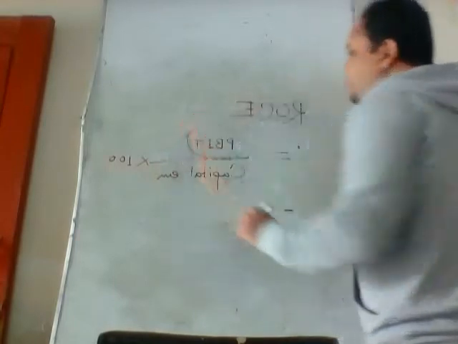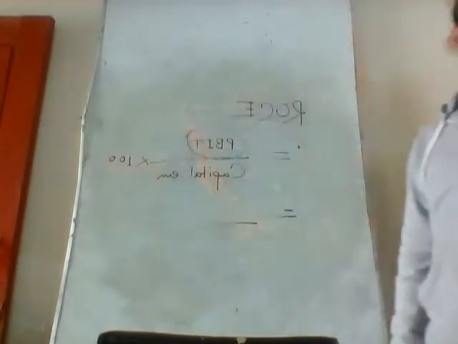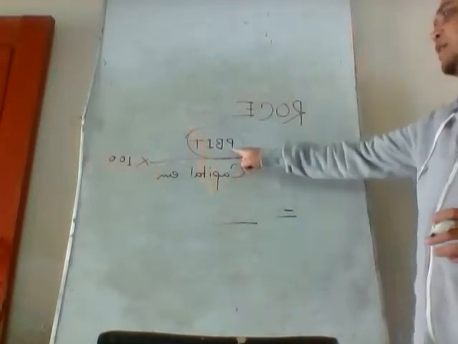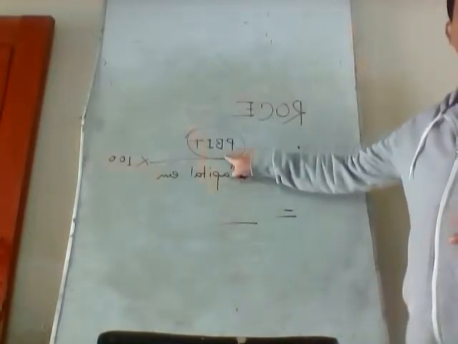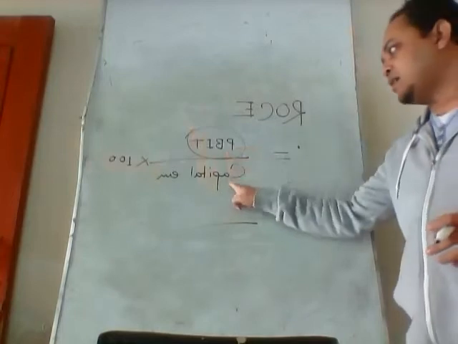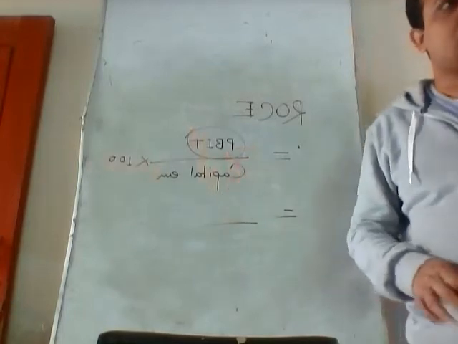Here, this will always be net profit or profit before interest and tax. It will never be gross profit. And here, capital employed.